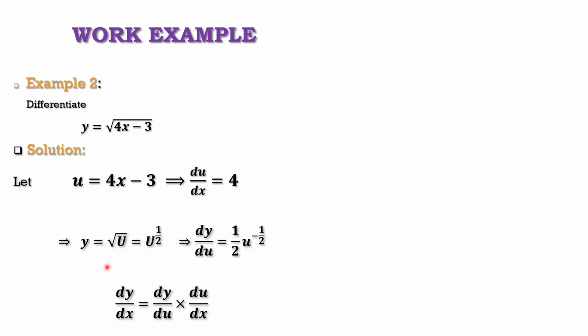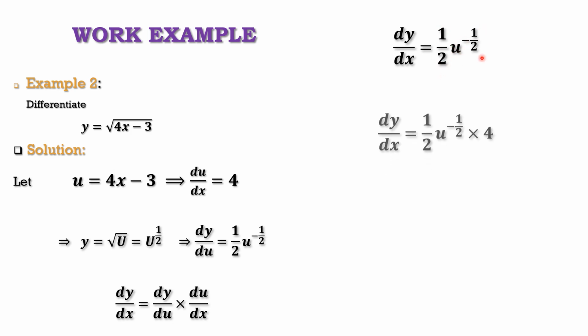So here we apply the chain rule, which is dy over dx equal to dy over du times du over dx. So my dy dx will be equal to 1 over 2 u to the power minus 1 over 2, which I will also multiply by 4. So as you are seeing here, we have du dx equal to 4.